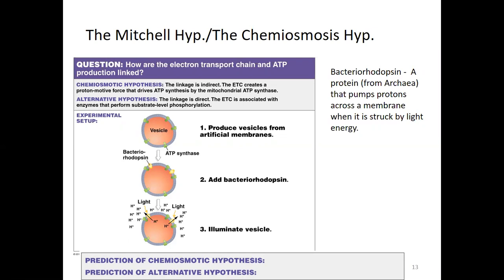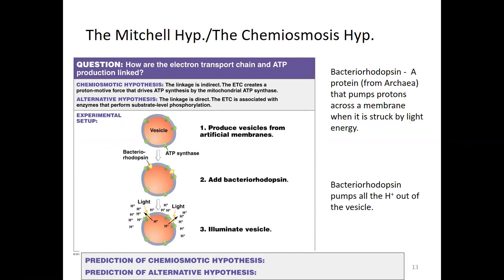These vesicles contained ATP synthase, and she added bacteriorhodopsin to them as well. Then it's simply a matter of exposing these vesicles to light. When light hits bacteriorhodopsin, it causes the pumping of hydrogen ions out of the vesicle across the membrane. And if those hydrogen ions can flow back through the ATP synthase, then ATP will be made.